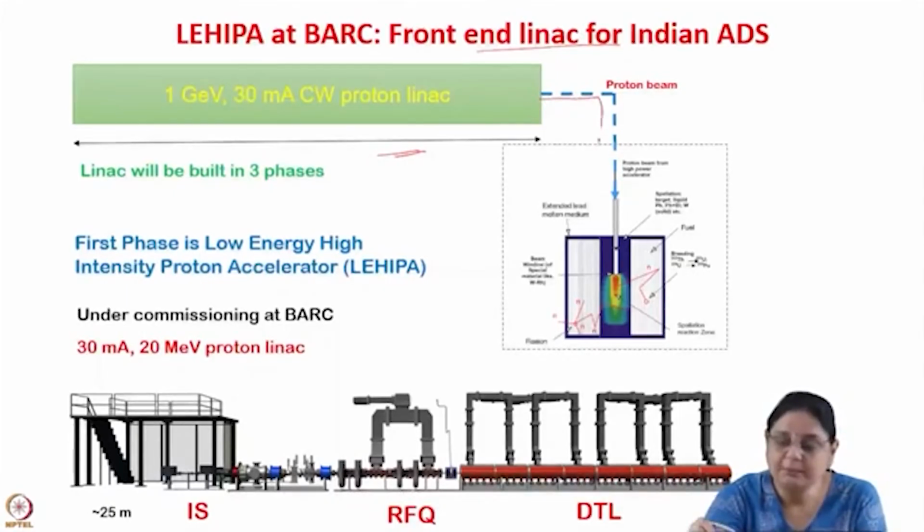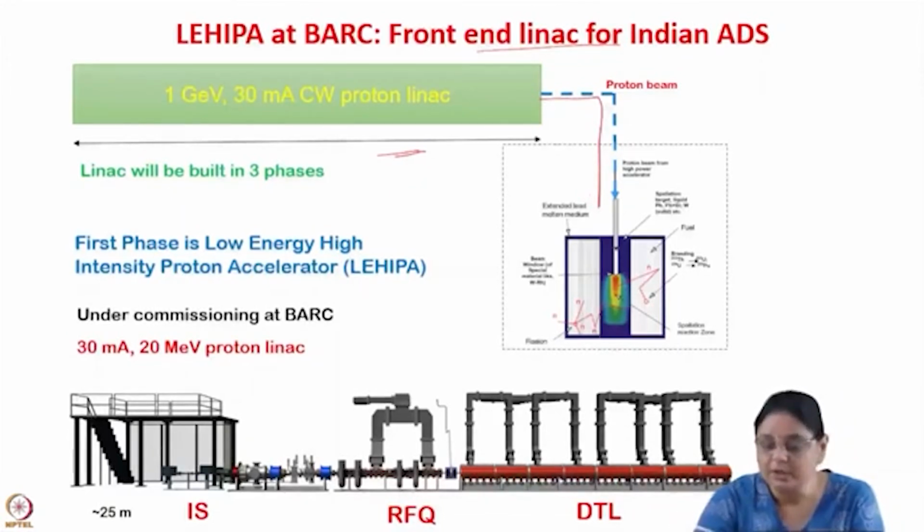This proton beam goes and hits a spallation target and lots of neutrons are produced. And then there is a nuclear reactor which is subcritical. Subcritical means it is deficient in neutrons. The additional neutrons required to sustain the chain reaction in this subcritical reactor are then provided by this accelerator.